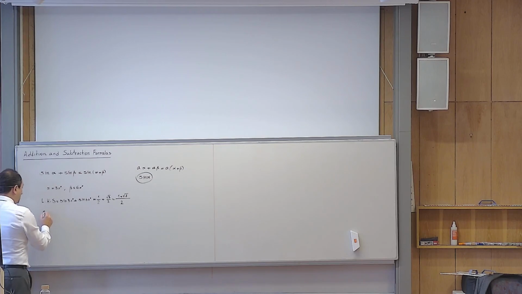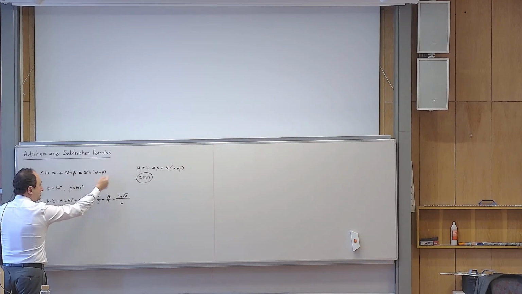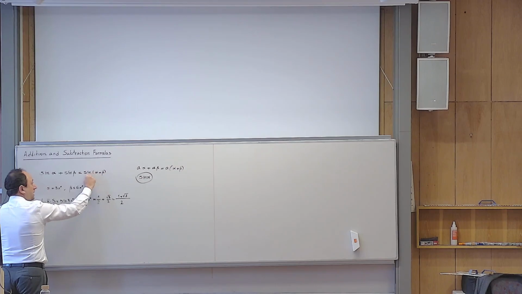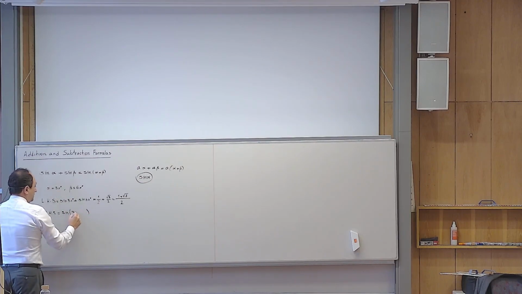But what is the meaning of the right-hand side? The right-hand side, I have a pair of brackets and I have an operation inside it. Brackets prioritize that operation first, and after this is done, I apply sine on it. So if you want to calculate this, instead of alpha you put 30, instead of beta you put 60.